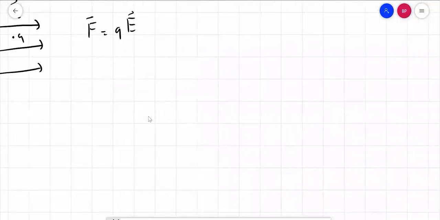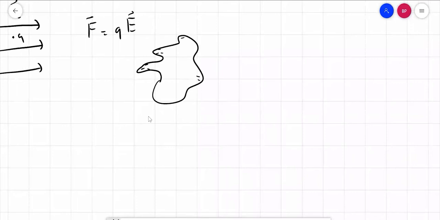If you have some weirdly shaped conductor, there's going to be a lot of charge in places where there's a tiny radius of curvature, and then kind of less charge in places where there's not.